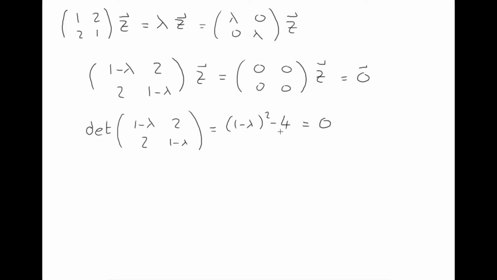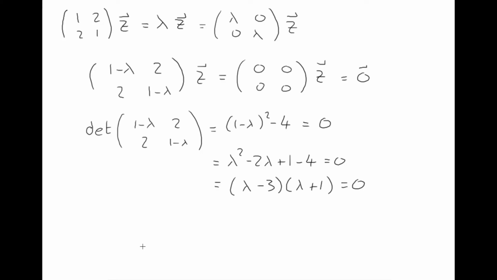So we can expand out this side. We have lambda squared minus 2 lambda plus 1 minus 4 equals 0. And this is simply (lambda minus 3)(lambda plus 1), which we should be able to factorize.